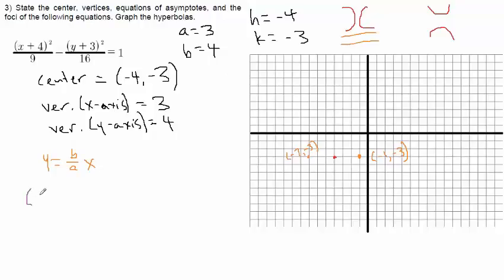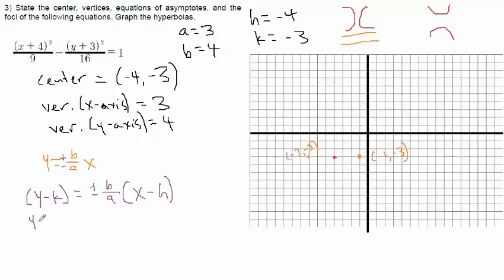So instead of just y, it would be y minus k equals plus or minus b over a times x, but instead of x, you'd have to do x minus h. In other words, you simply adjust for wherever the center is. So if you plug these in, you're always going to get two different asymptotes. So let's plug all these in.